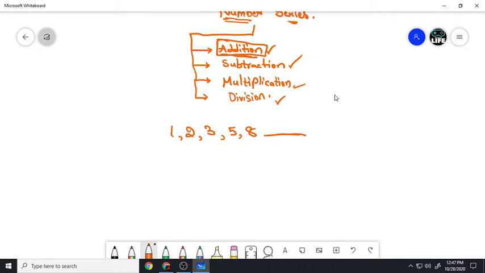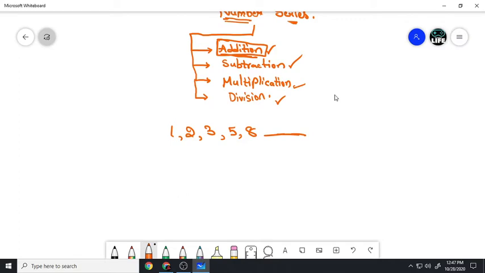So I'll give another sum: 28, 33, 31, 36, dash and 39. So what you need to find? You can observe that there is a vast difference between these two. So go to alternative series.